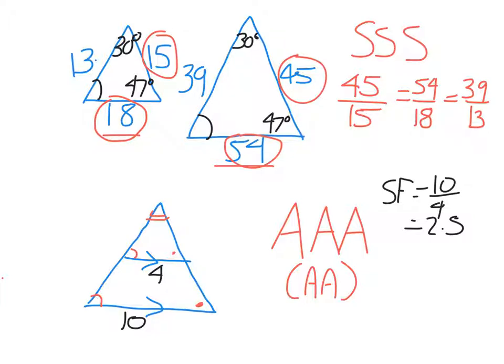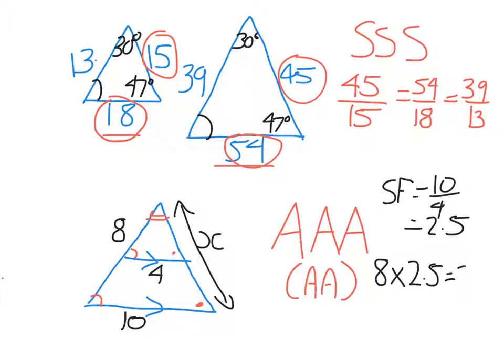So let's say, for example, that this length here was 8. What would this length here be down here? I'll call it X. So this is just like problems we solved using similarity in previous questions. So I want to find a side in the larger shape, so I take the side in the smaller shape and multiply by the scale factor. I get 20. Okay, easy as.